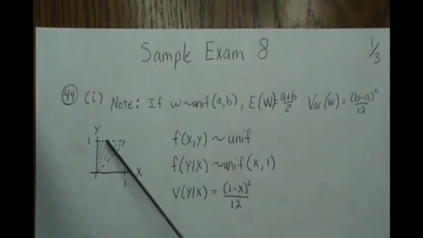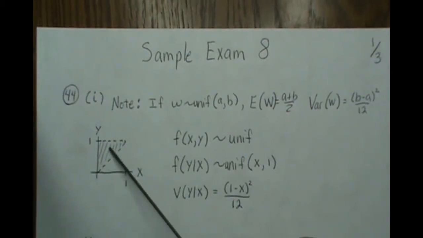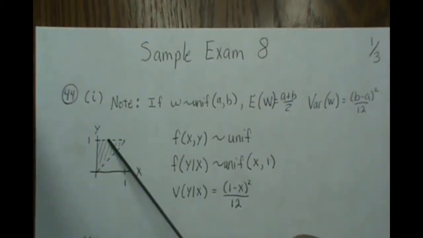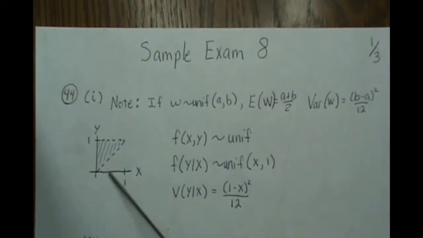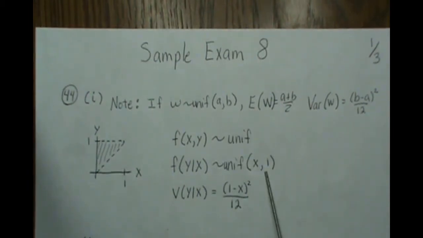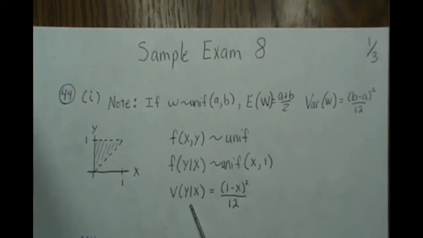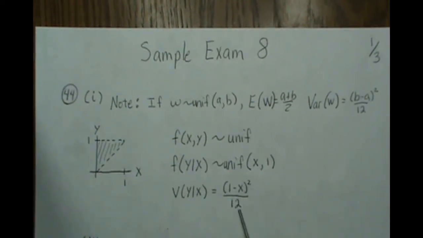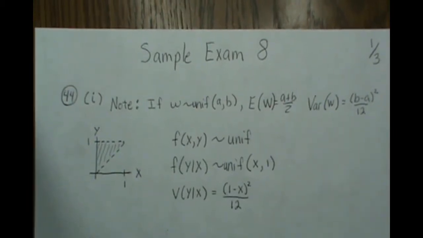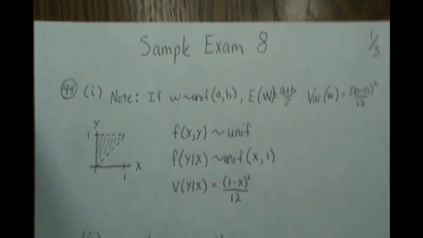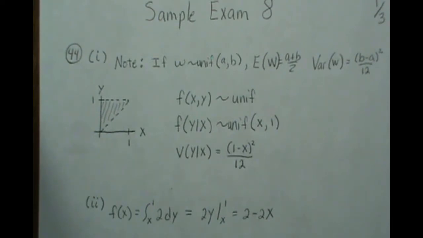And the boundaries are given by what the boundaries are. If you condition on x, then Y is uniform from x to 1. And the variance of a uniform is (1 minus x) squared over 12. And we're done.